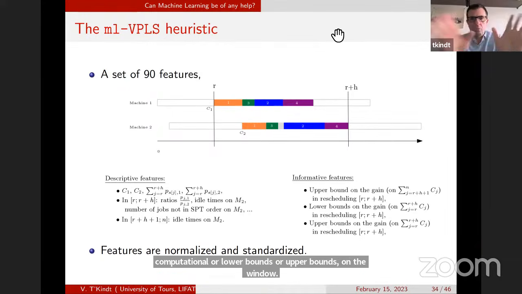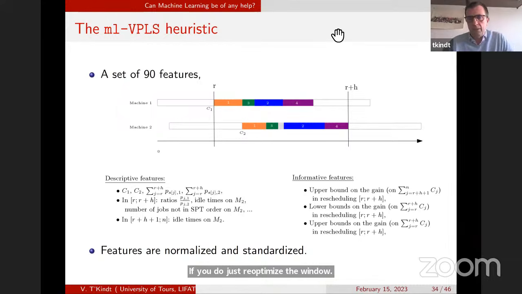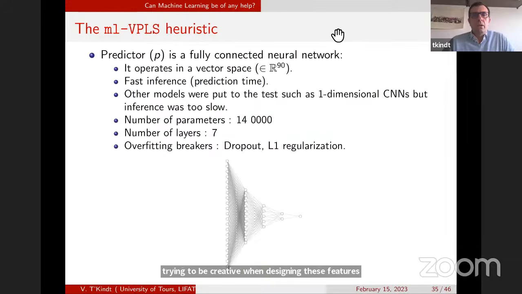So we were trying to be creative when designing these features. And then we use these features as the input of a neural network, which is a pretty small model with just 140,000 parameters to learn. It was a CNN model.